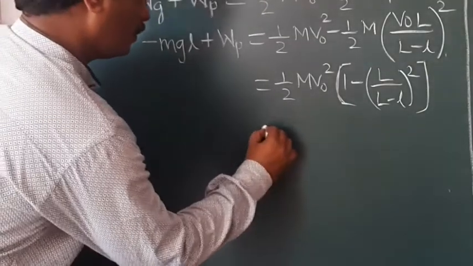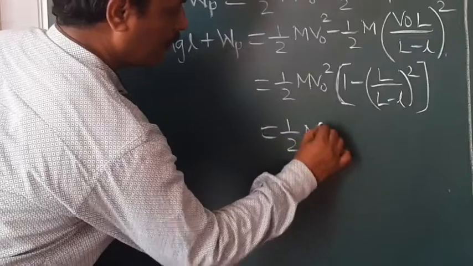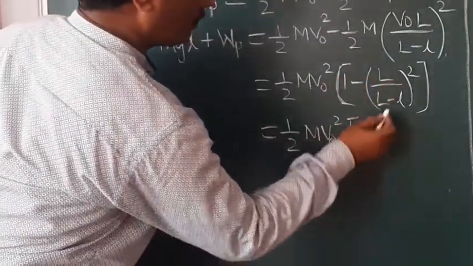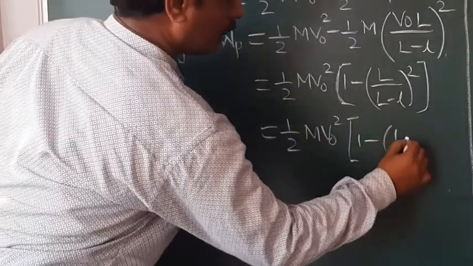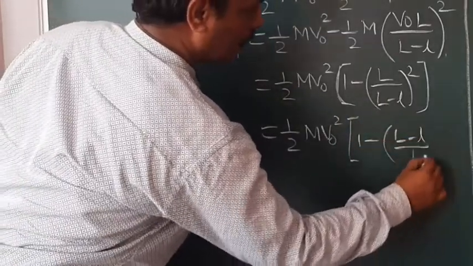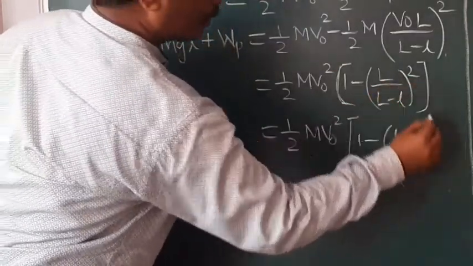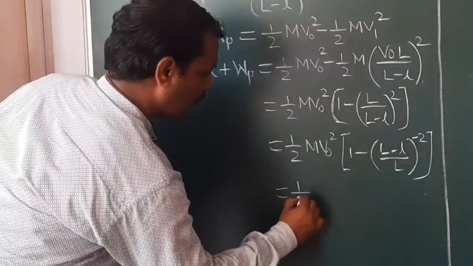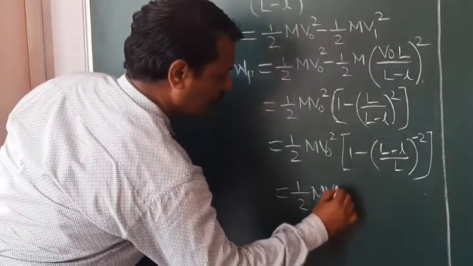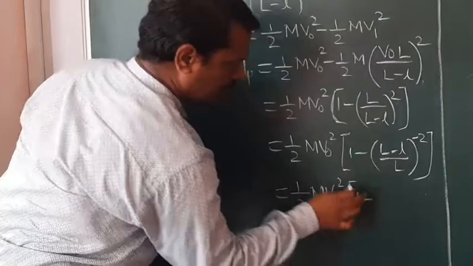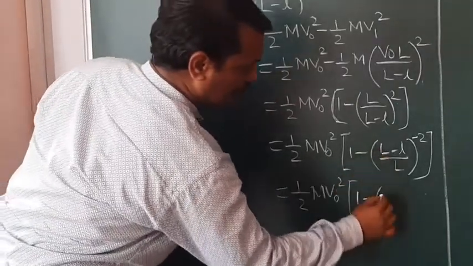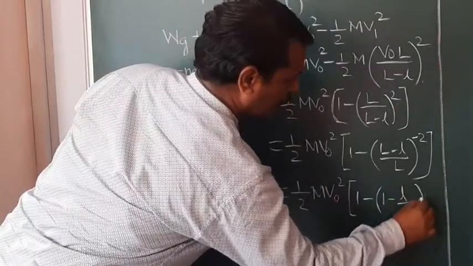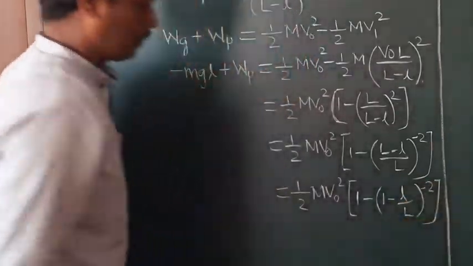So that is equal to 1 by 2 m v naught square. I will take reciprocal of this. Then it becomes l minus l divided by l. When I take reciprocal, it becomes minus 2. That is equal to 1 by 2 m v naught square 1 minus l by l raised to minus 2.